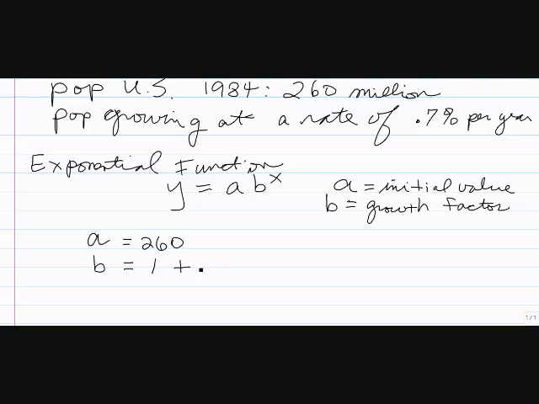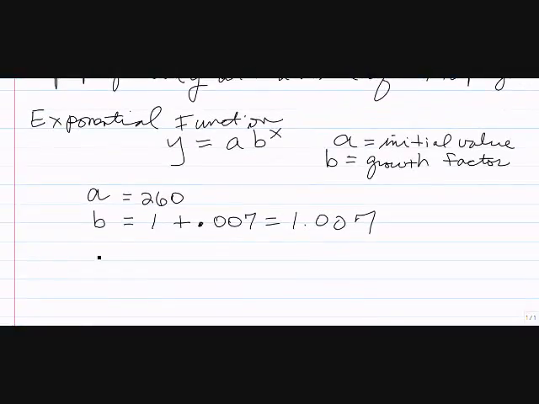In a decimal is 0.007. Okay? Okay with that so far. All right. So my equation is going to be y equals 260 times 1.007 to the x power.